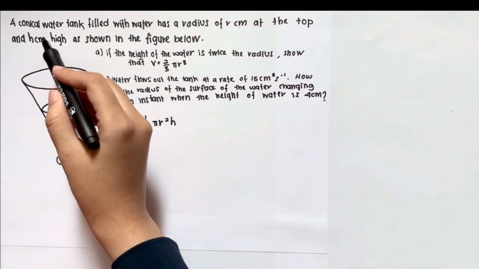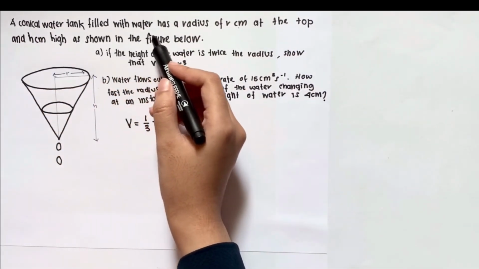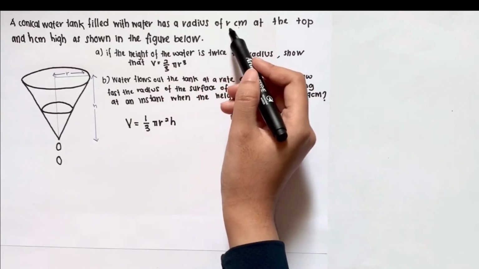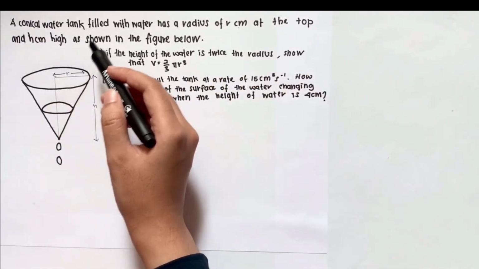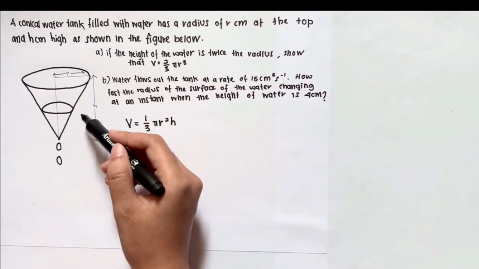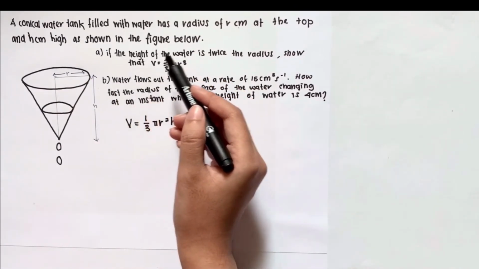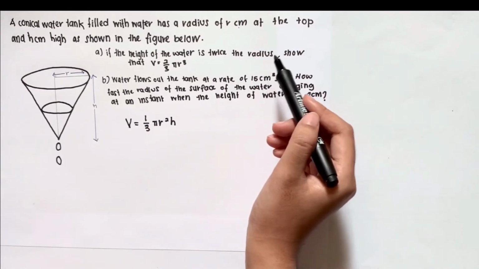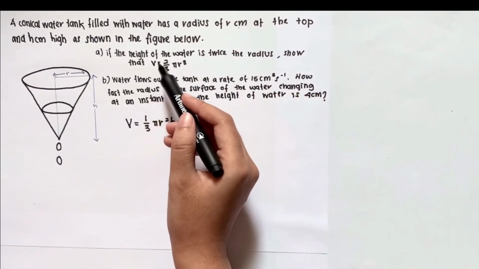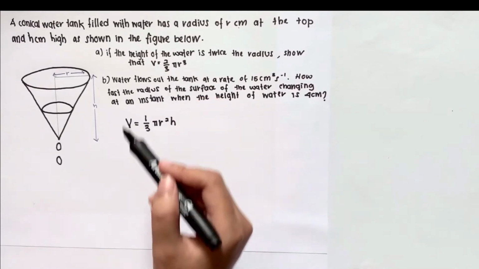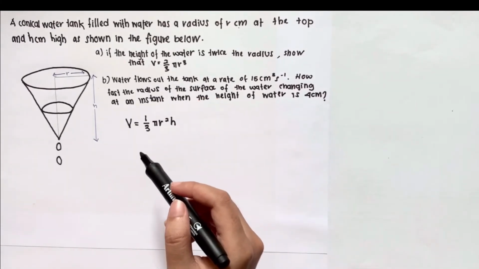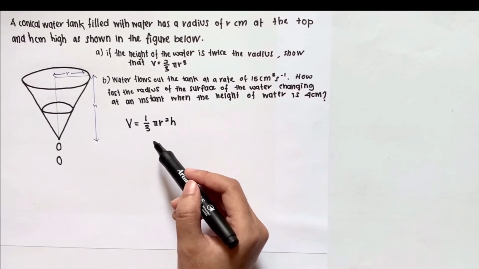A conical water tank filled with water has a radius of r cm at the top and h cm height as shown in the figure below. If the height of the water is twice the radius, show that V equals 2 over 3 pi r cubed. First, we have to write the formula of the cone.